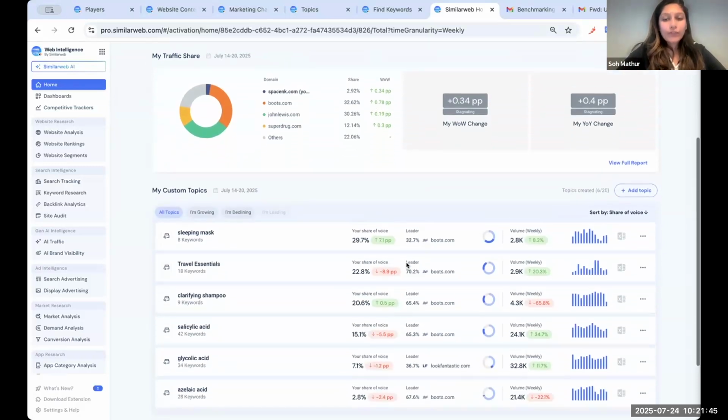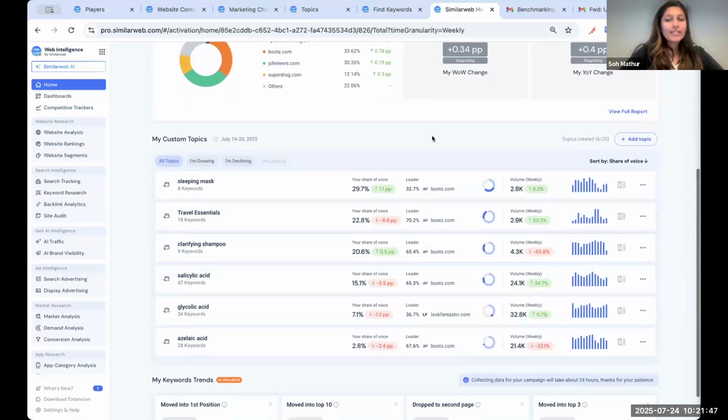And if you scroll down further, you can actually decide topics that you want to track your performance for. So let's say we're Space NK today, and you wanted to track your performance for sleeping masks, travel essentials, all the different types of acids that people generally search for. In this case, if we take that travel essentials example, you can see that right now, Space NK is not the market leader there.